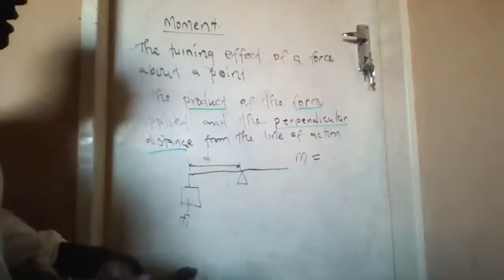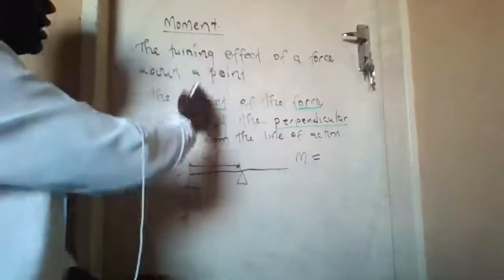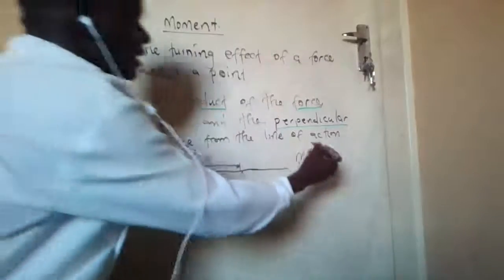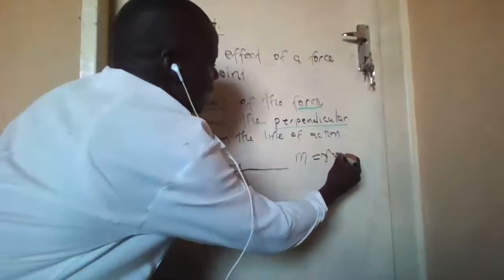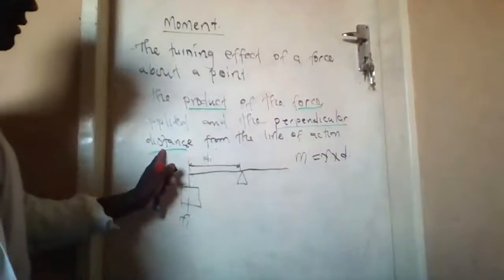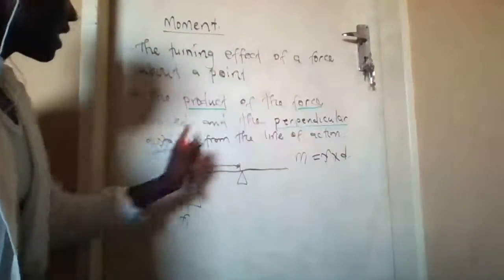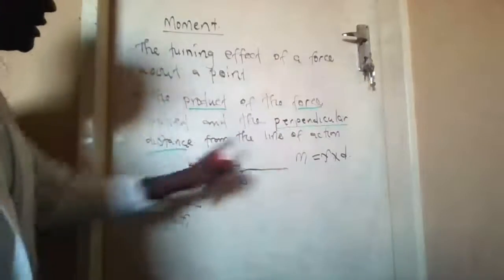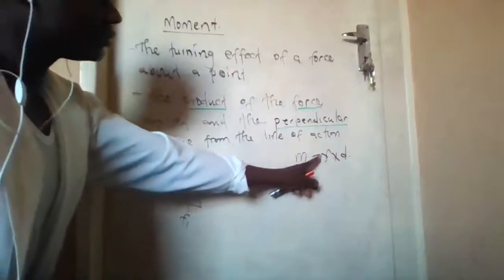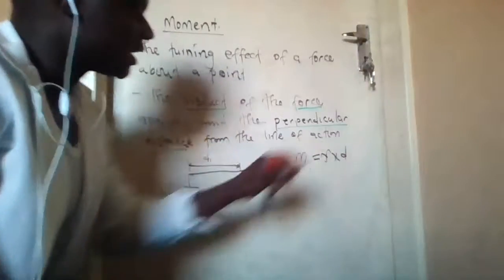So for us to find the moment, we need to multiply the force and the perpendicular distance. The formula is: moment is equal to force times the distance.